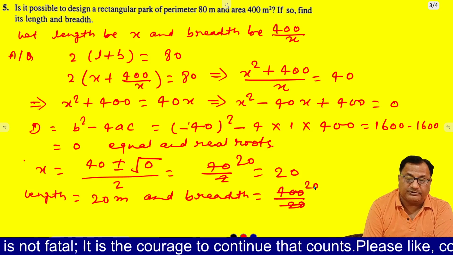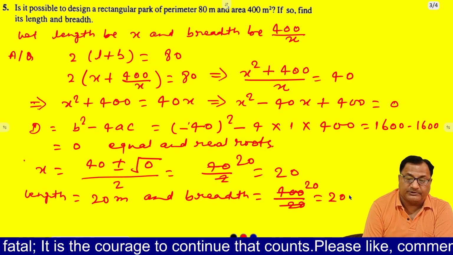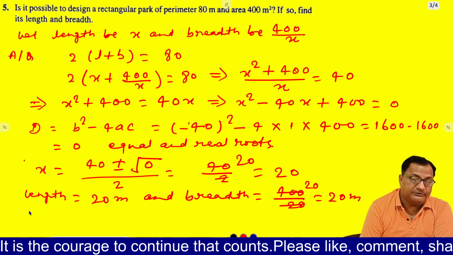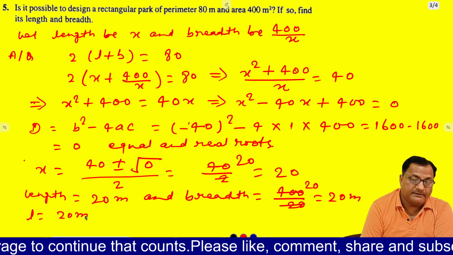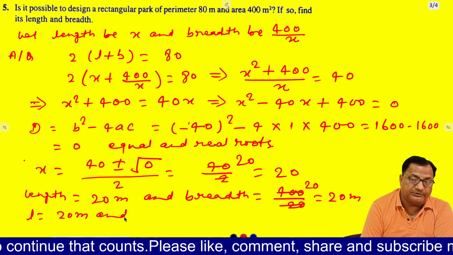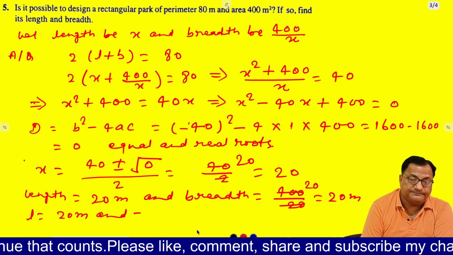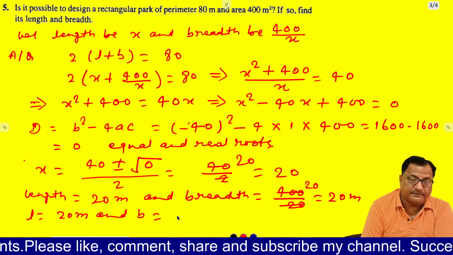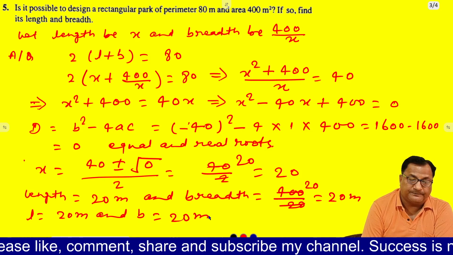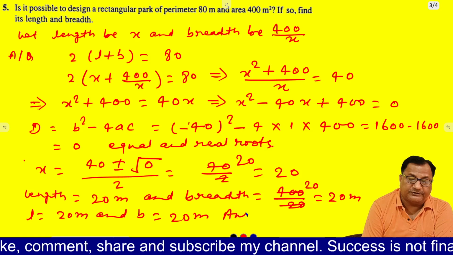This is also 20, so 20 meters. So L is equal to 20 meters and B is also equal to 20 meters. This is the answer.